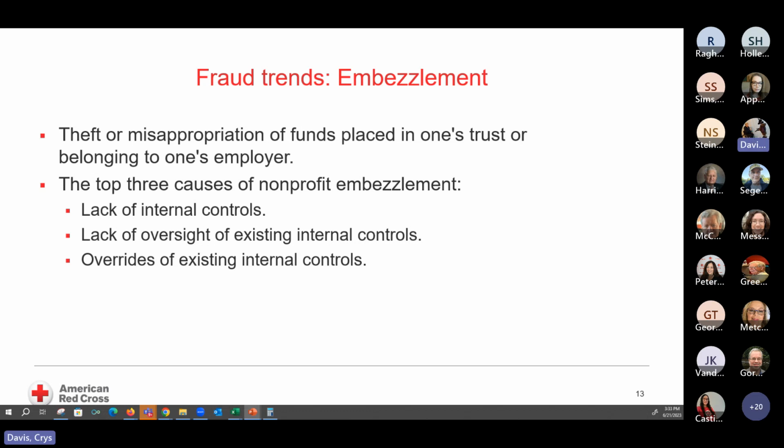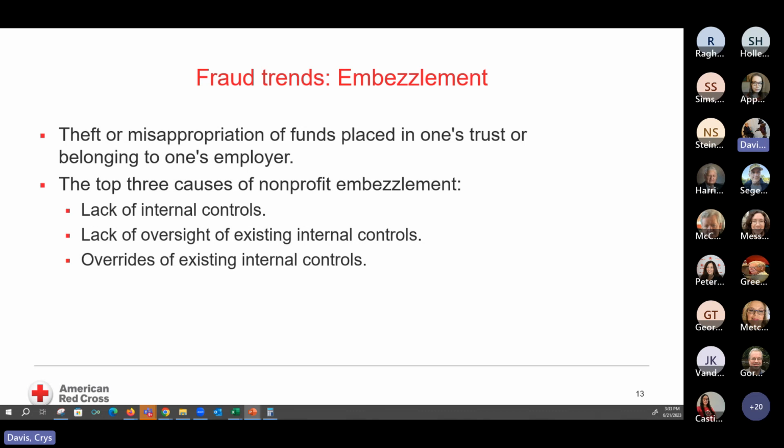In nonprofits, the top 3 causes of embezzlements are lack of internal controls, lack of oversight over those controls, and overrides of those controls. So these are why we are so grumpy about things like separation of duties. And, if a case is non-compliant, it's really non-compliant and things like that.